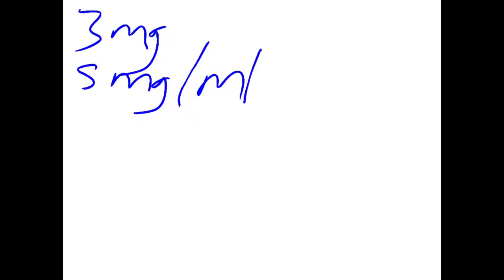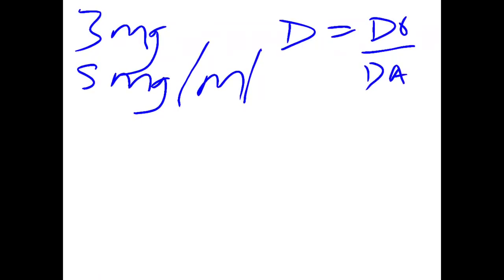So haloperidol 3 milligrams is prescribed, and the presentation is 5 milligrams per mil. So what is the dosage? How much in mils are we going to inject to the patient? The formula still remains the same: dosage equals doctor's order over drug available times the volume.